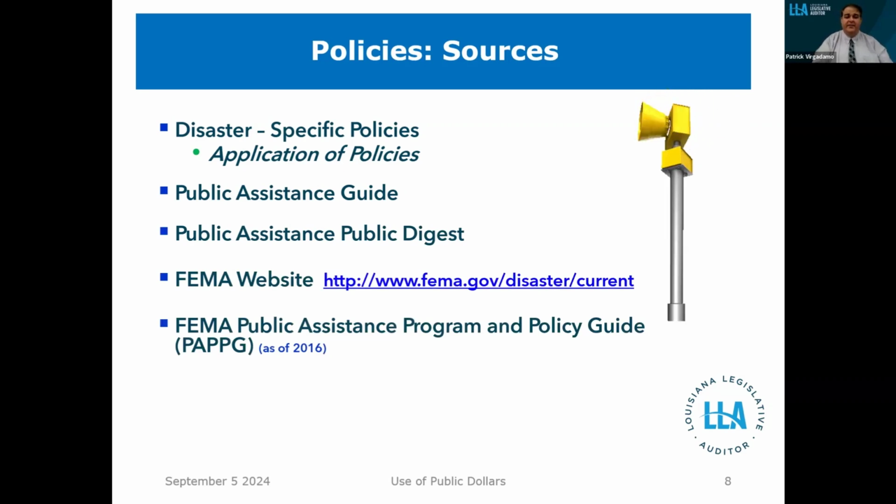Now, as of 2016, FEMA has the Public Assistance Program and Policy Guide, which you'll also sometimes hear referred to as the PAPPG. The key thing there is this is an amalgamation and condensing of all these things in one place to help states and local entities who are trying to seek reimbursement under public assistance. You can find that at FEMA's website under assistance/public.